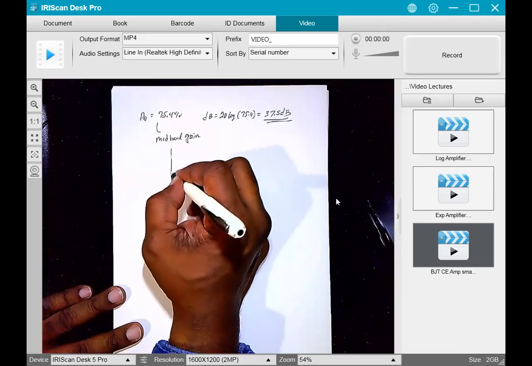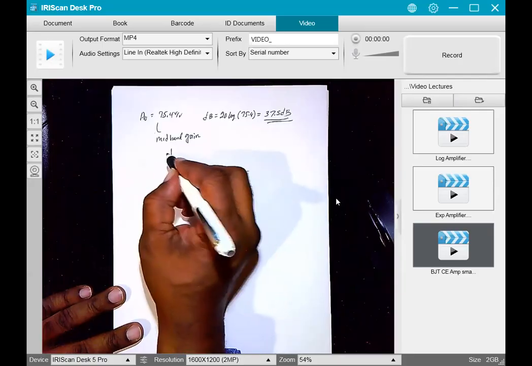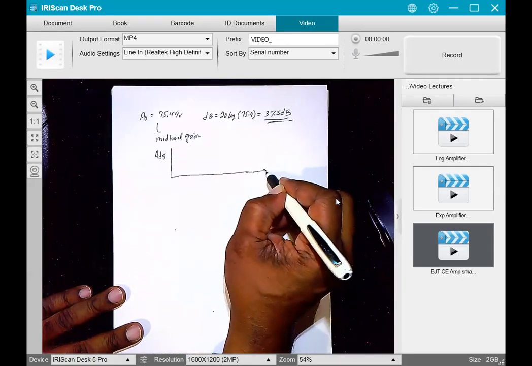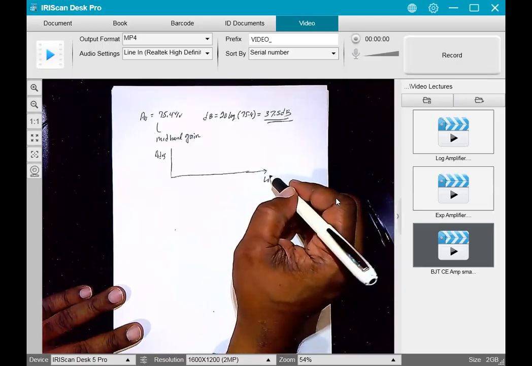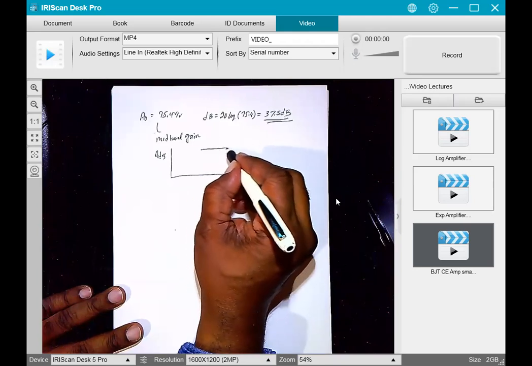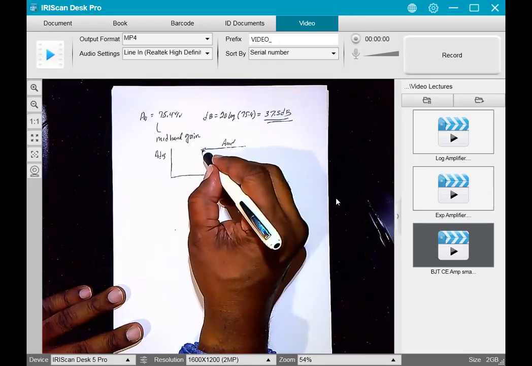And let me just go ahead and mention this briefly. So we have the gain here in dB, and we have a logarithmic plot of our frequency here. We're going to end up with, we'll call it A mid, over this wide range of frequencies.